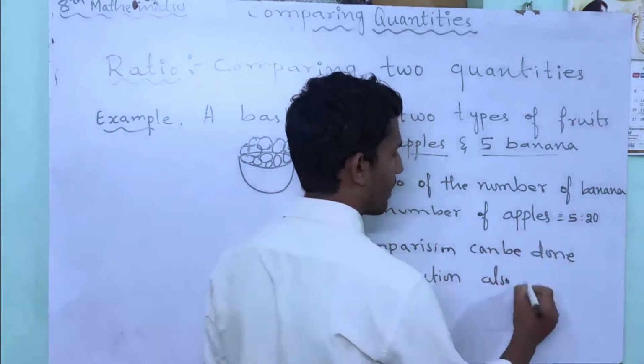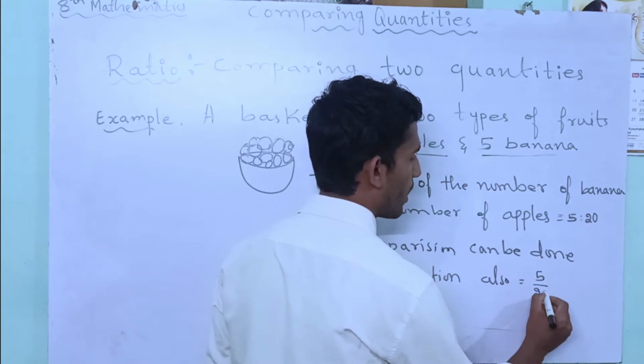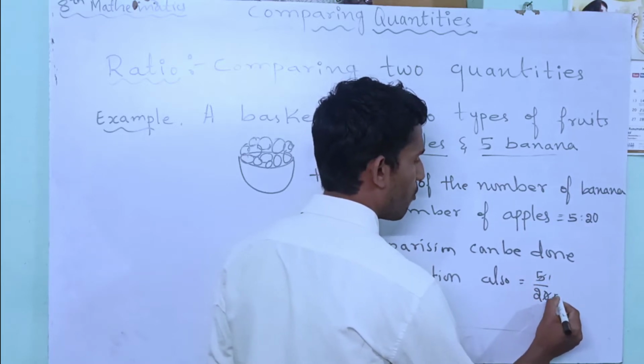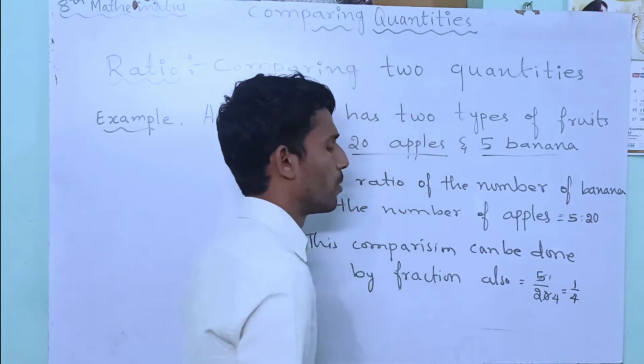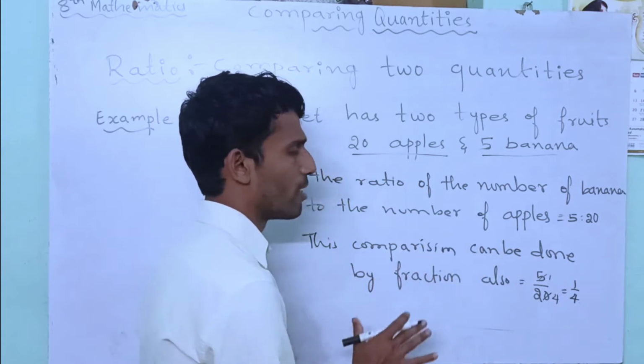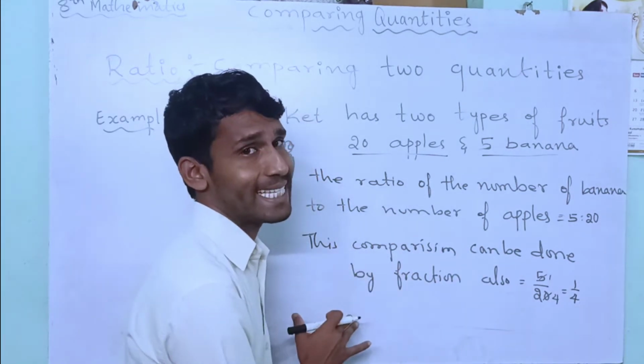We can write the fraction 5 by 20. 5 ones are 5, 5 fours are 20, so we can write 1 by 4. This is in the form of a fraction. By using fractions also we can compare the two quantities.